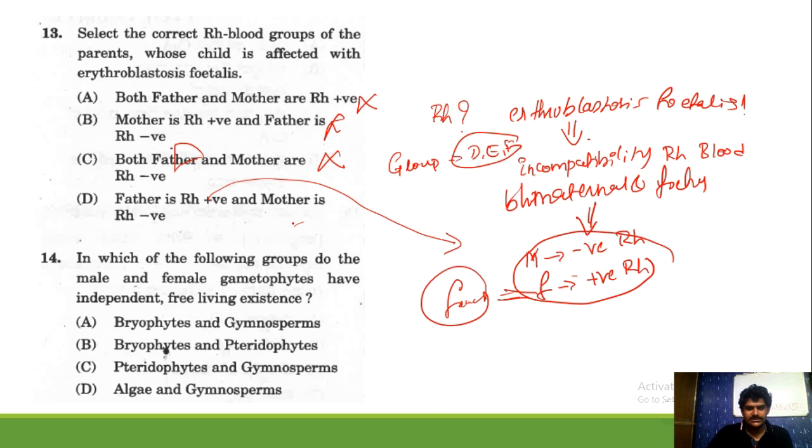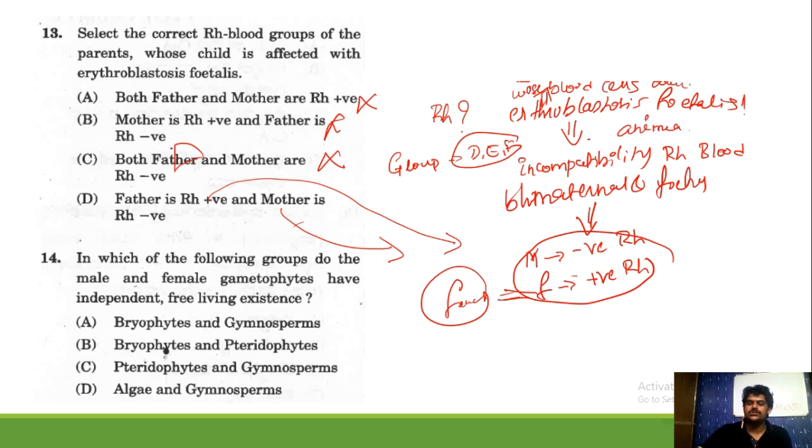And the mother is negative, so this incompatibility produces erythroblastosis fetalis, where the fetus will lose the blood cells continuously, not the blood group. So it is a type of anemia.